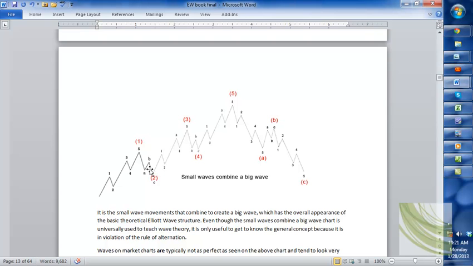So as you can see here, the theory is there's waves inside waves inside waves, and so the result is that according to Robert Prechter, who wrote about this stuff years and years ago, you can go to charts as small as 1 minute to find your Elliott wave patterns.